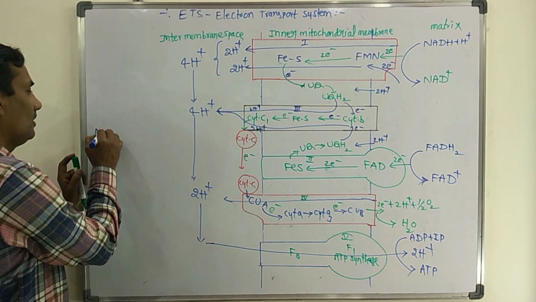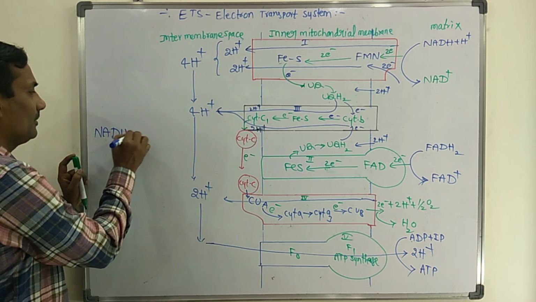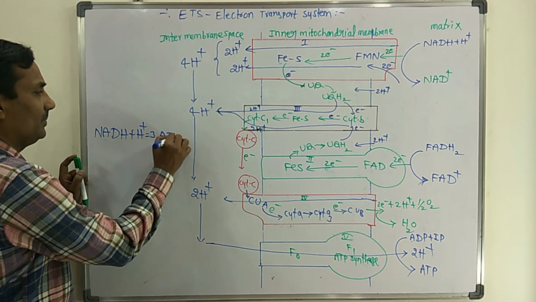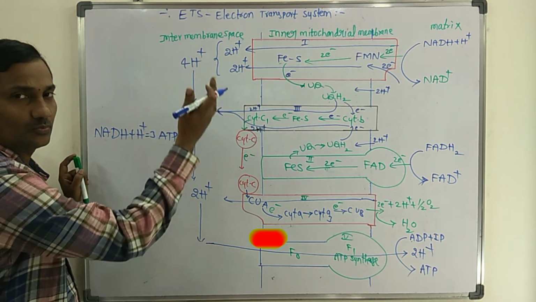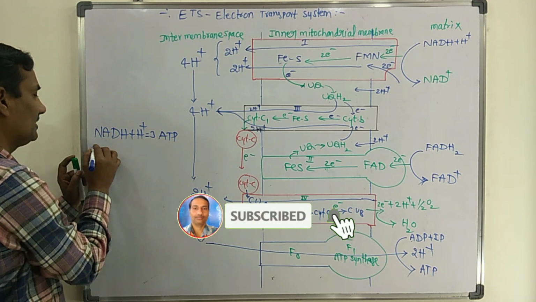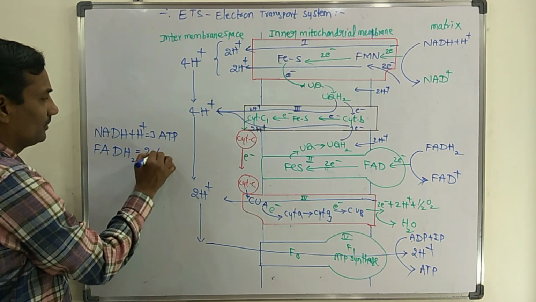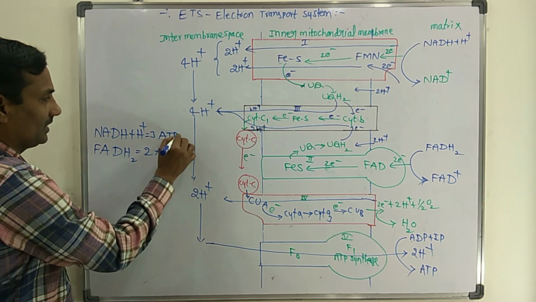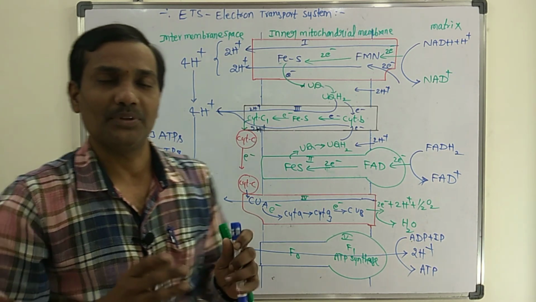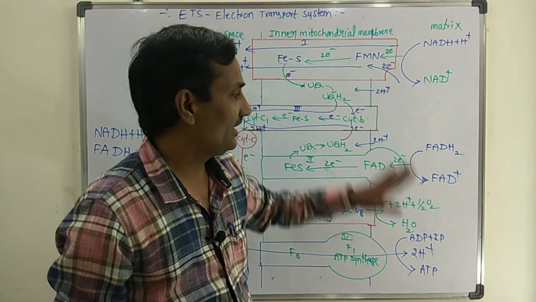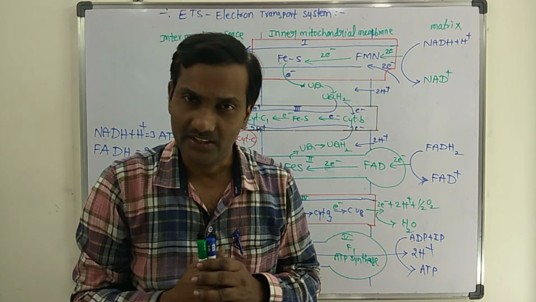So 1 NADH H plus gives 3 ATPs. Here 2 extra protons are transported, that's why 3 ATPs, but FADH2 gives 2 ATPs. So the number of ATPs also varies because of oxidation of NADH and FADH2.